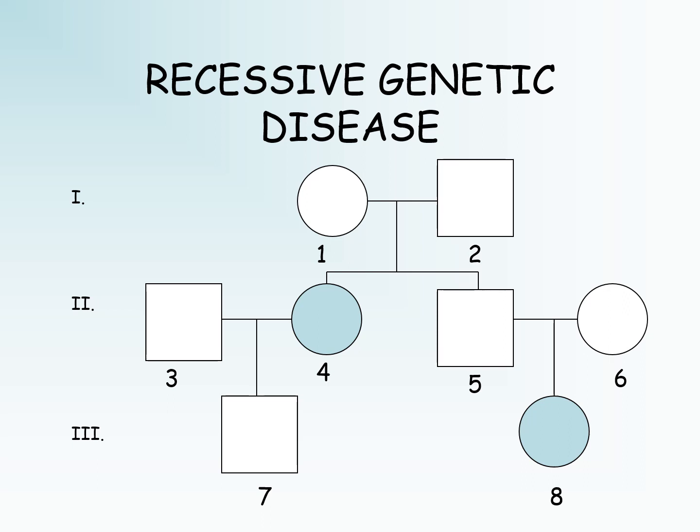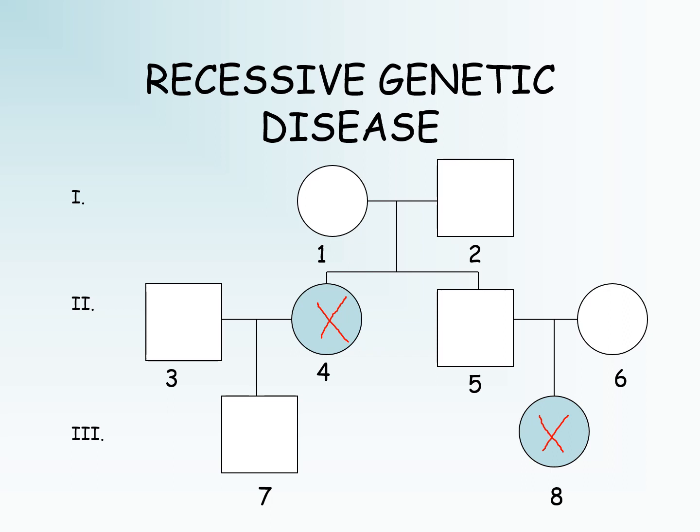The next one's a recessive genetic disease. Mom and dad again had 2 children, birth order, girl was born first, and then the boy. This guy is through marriage, this girl is through marriage. She has the recessive genetic disorder, and so does she.